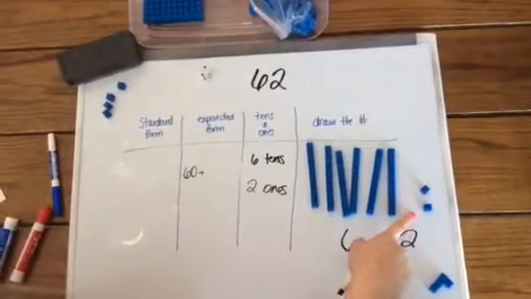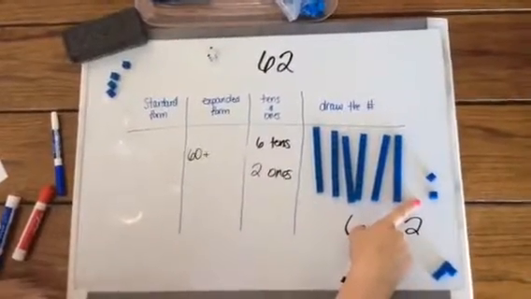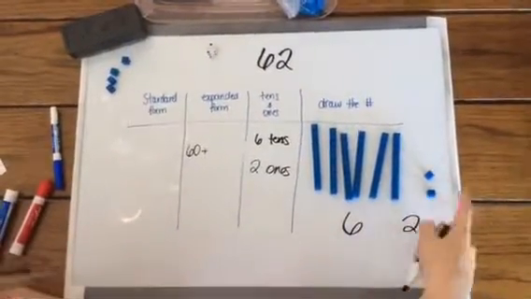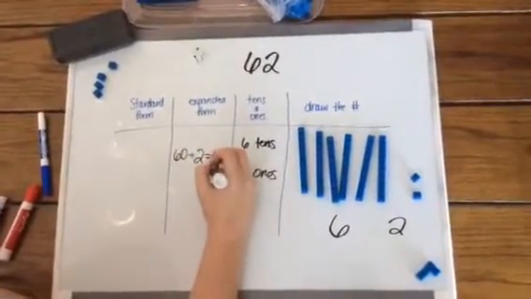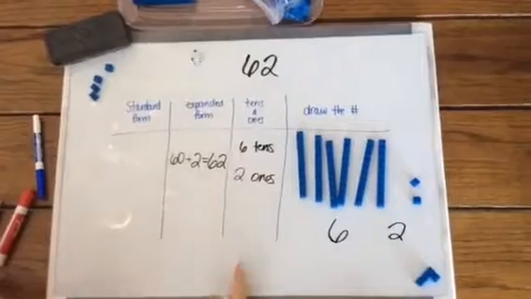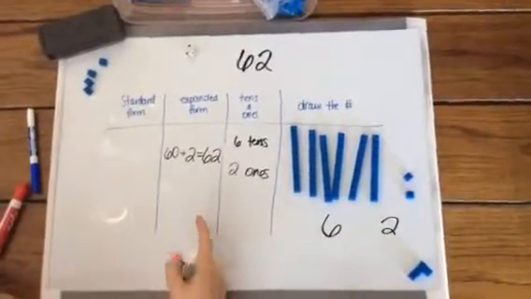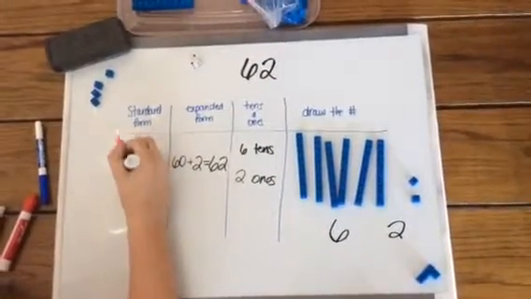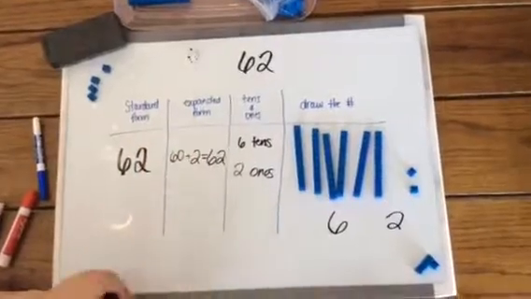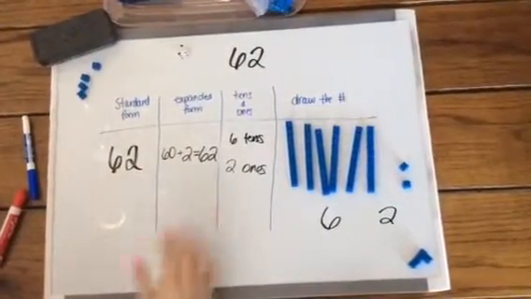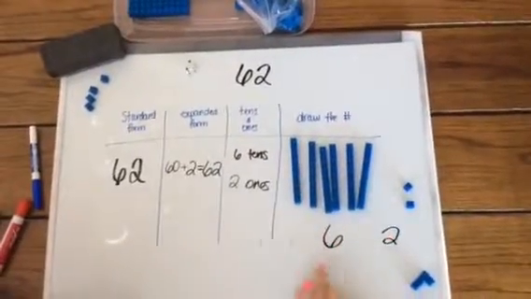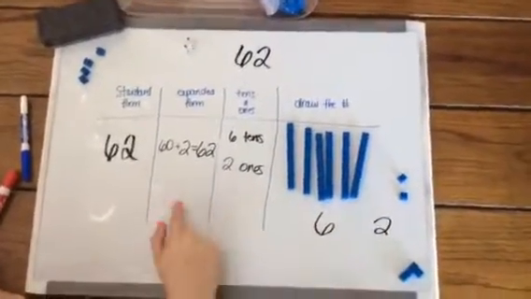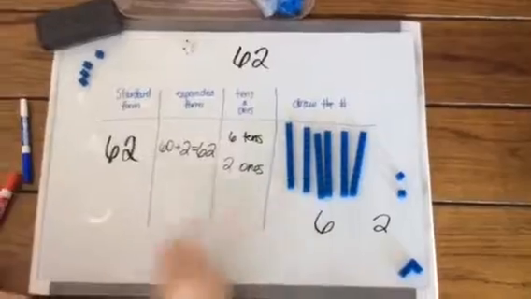And then we have how many ones? We have 2 ones. So write 2, and it'd be 62. So after doing all this, you can easily get your standard form. The best way to do this is to start by building your number, and then it will help you break it down to get all of it.